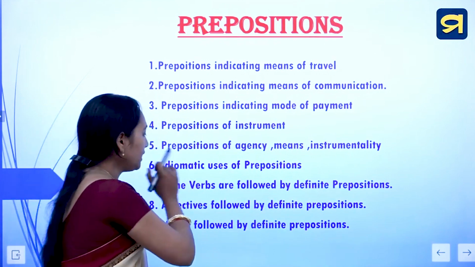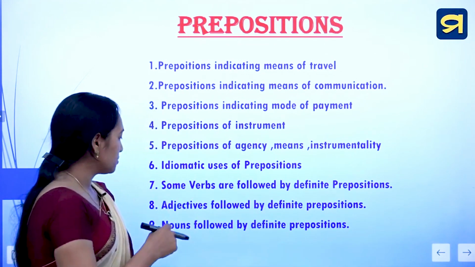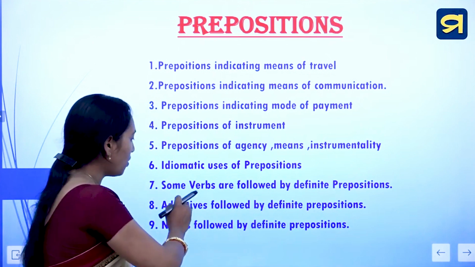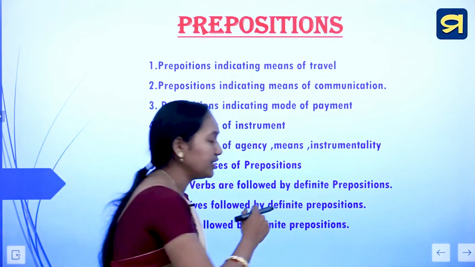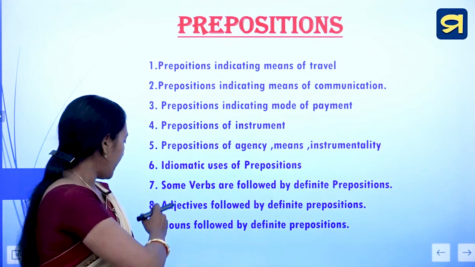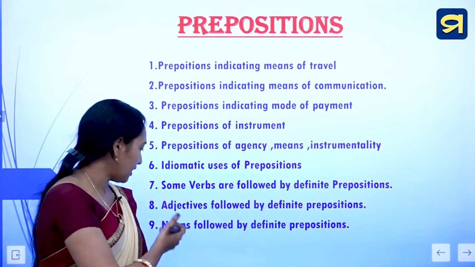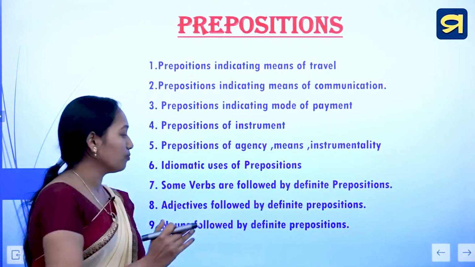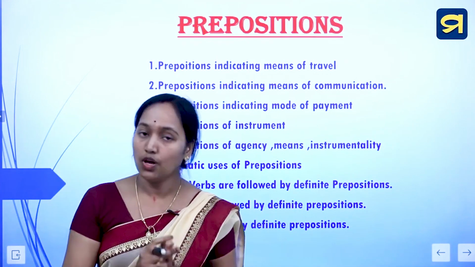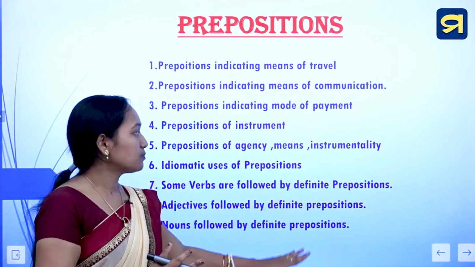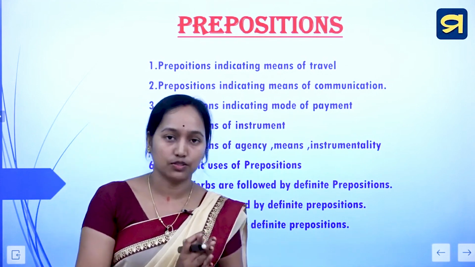Then, idiomatic uses of prepositions. Number 7, some verbs are followed by definite prepositions. Next, adjectives followed by definite prepositions. And the last one, nouns followed by definite prepositions. Okay students, on these points today we will discuss.